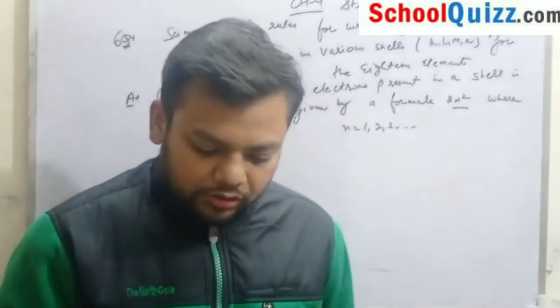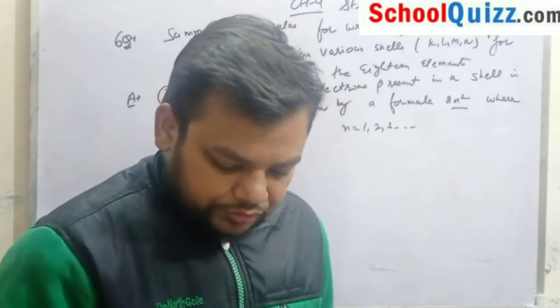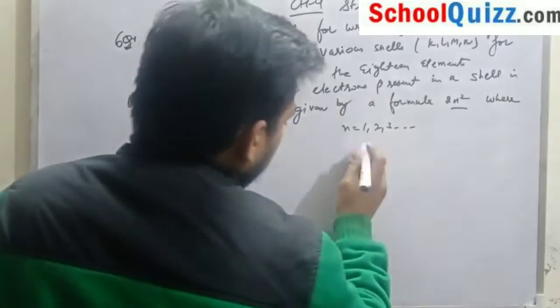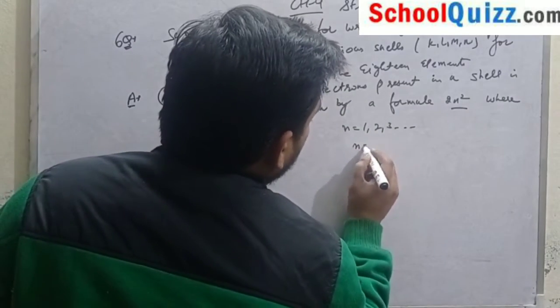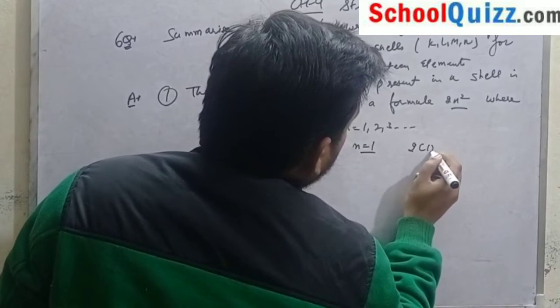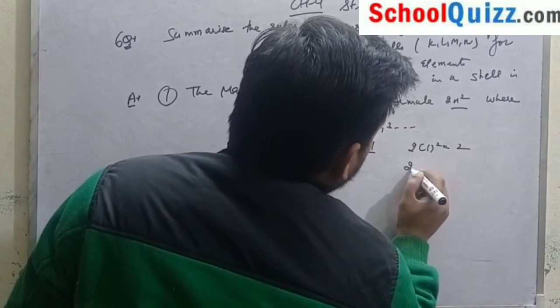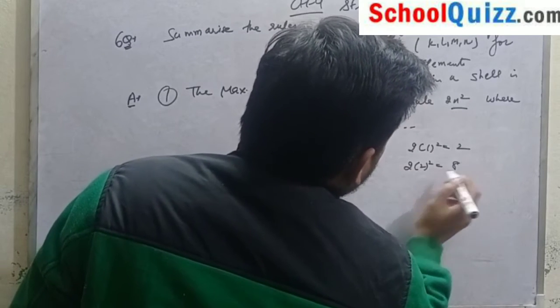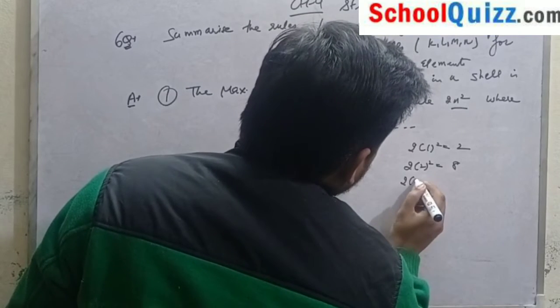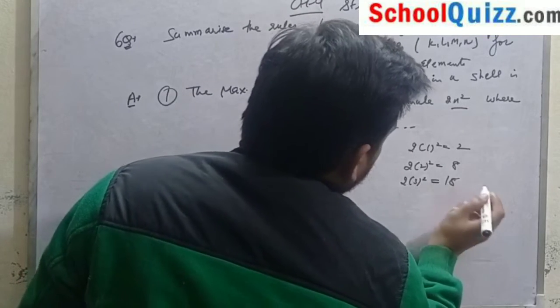Suppose n equals 1, then 2 into 1 square is 2. 2 into 2 square is 8. 2 into 3 square is 18.